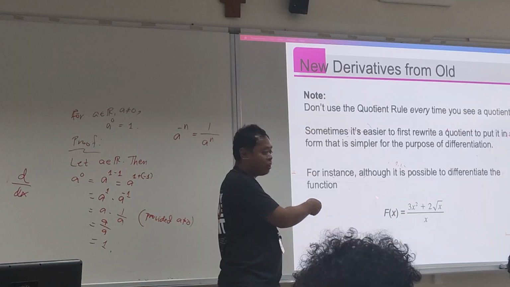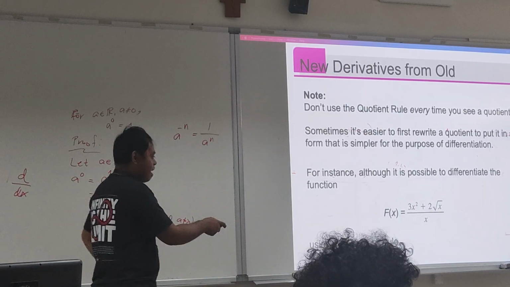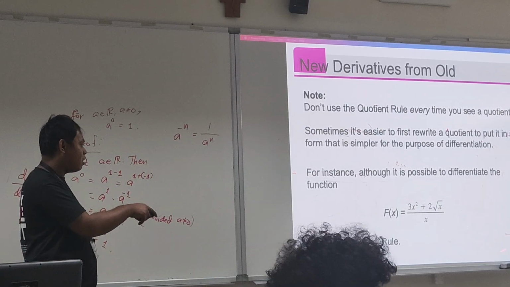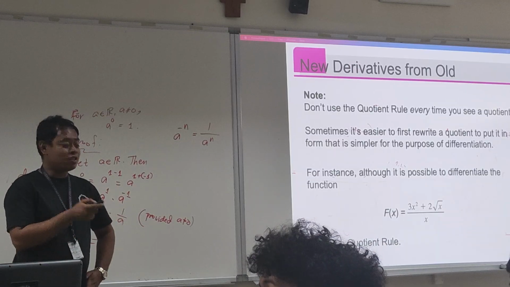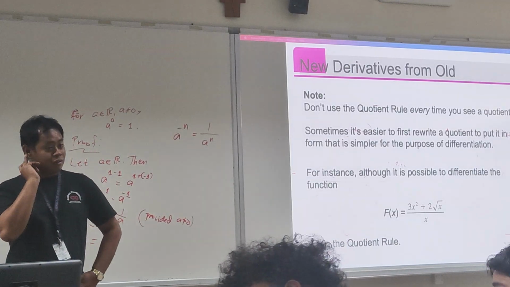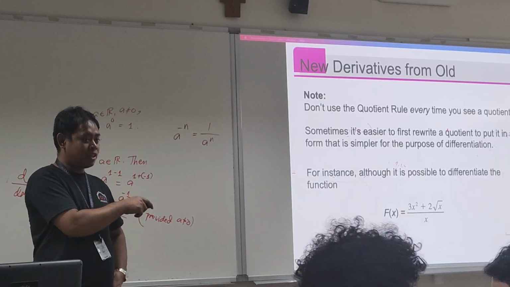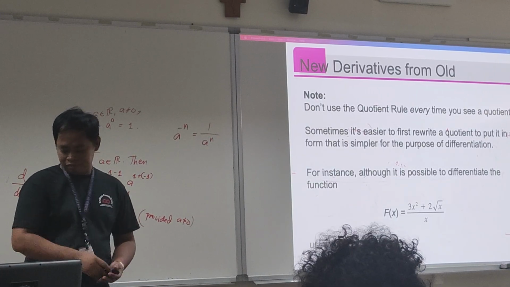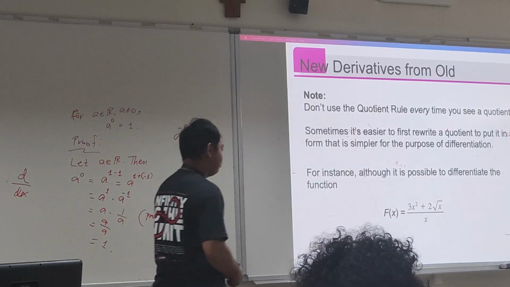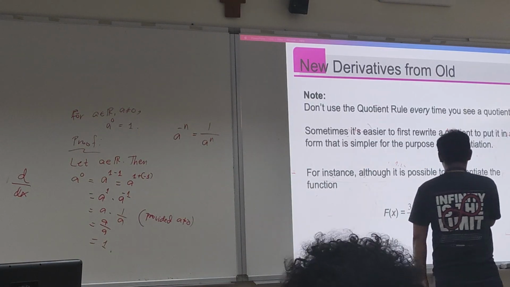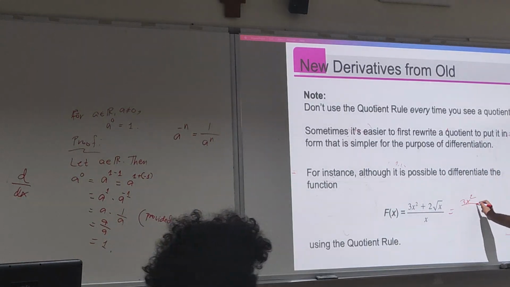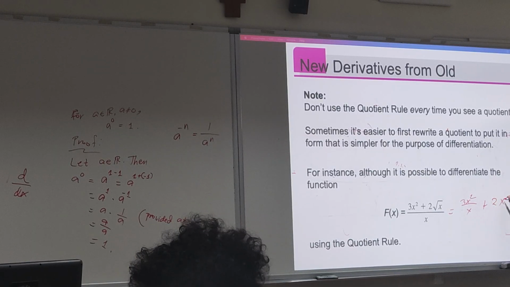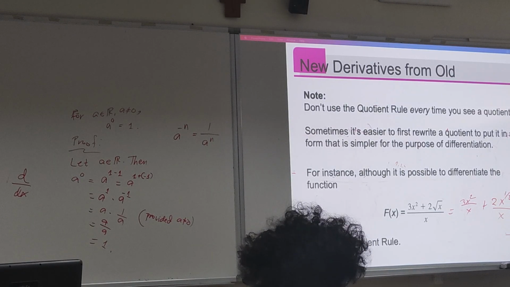The first term, 3x squared divided by x, is just 3x. And the second, 2 square root of x all over x. You can transform the square root of x to its exponential form, x raised to 1/2. So this is 3x squared over x plus 2x raised to 1/2 over x.